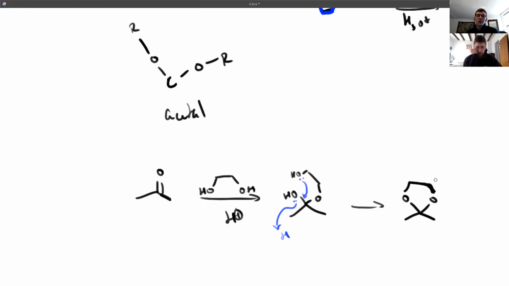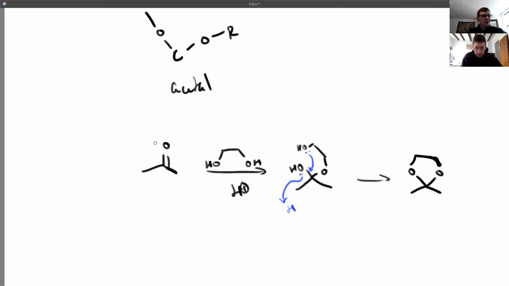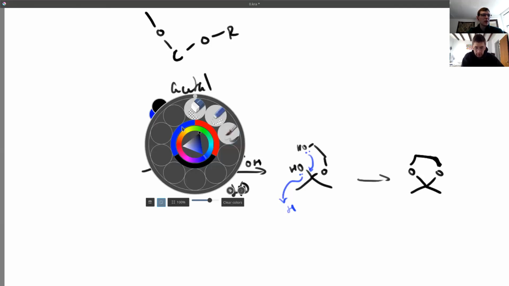Okay, so just to understand a little better, one of the alcoholic oxygens is performing an attack on the carbonyl carbon, bumping the double bond up to the oxygen, but since we're in acidic conditions, it really quickly converts to an alcohol group. Yeah. If you were writing it out as a mechanism, you'd first protonate the carbonyl.